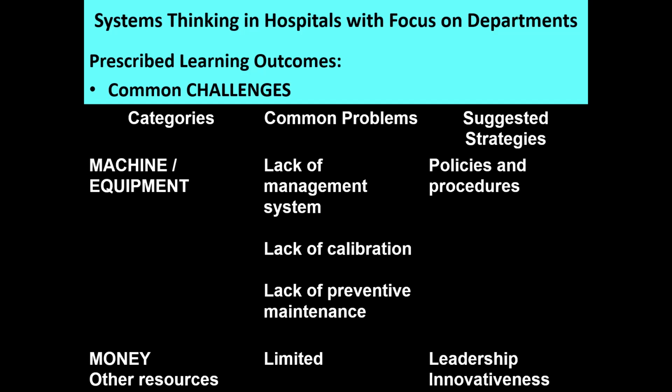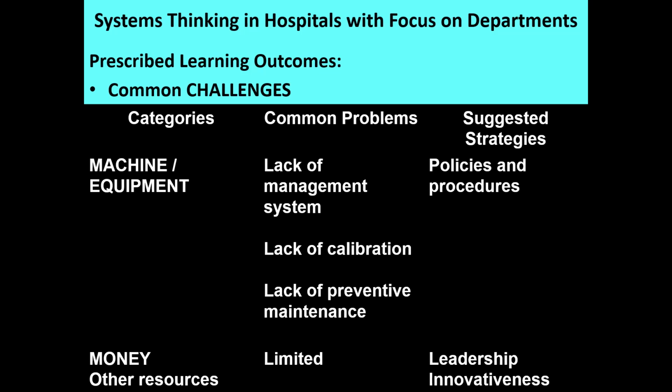Under the machine and equipment category, common problems are lack of a management system for all the equipment and machines, lack of calibration and preventive maintenance of machines and equipment. And then the suggested strategies, of course, will be to come out with policies and procedures and then implement them and evaluate them at intervals.